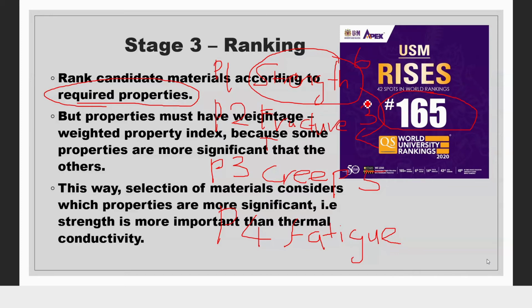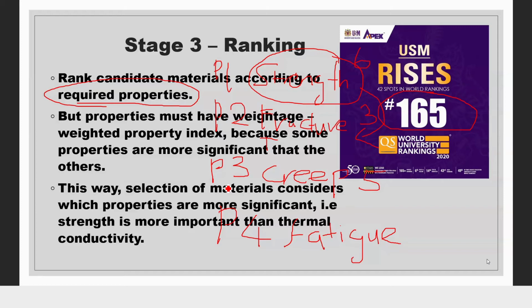Okay. So these are weightage. So kalau you tengok dalam nota, dia ada weighted property index. Sebab some properties are more significant than others. So this way, the selection ni consider according to property yang lebih significant.